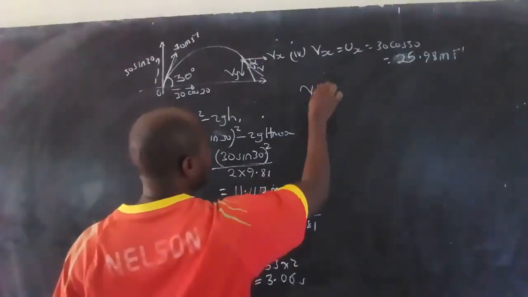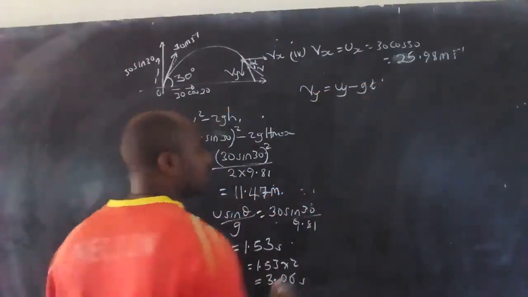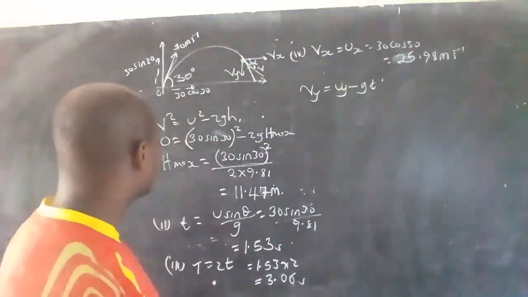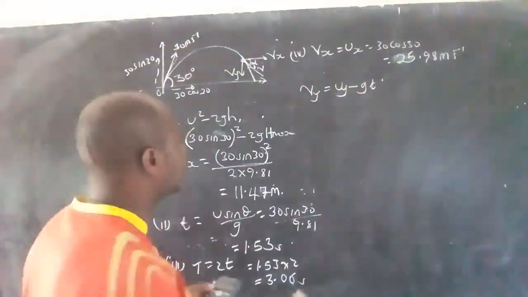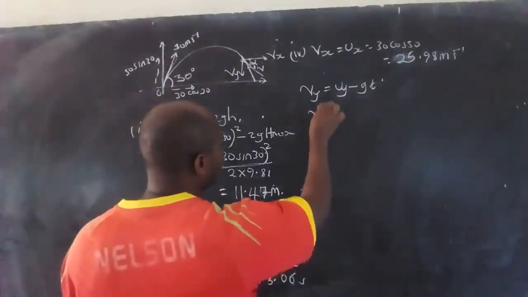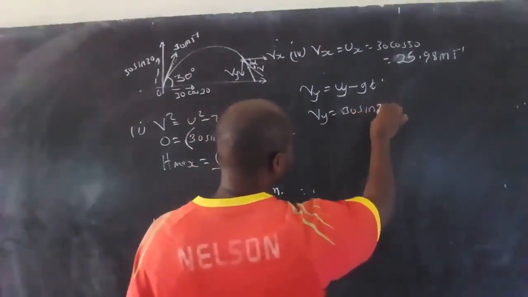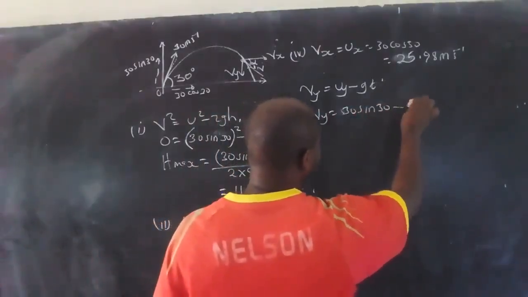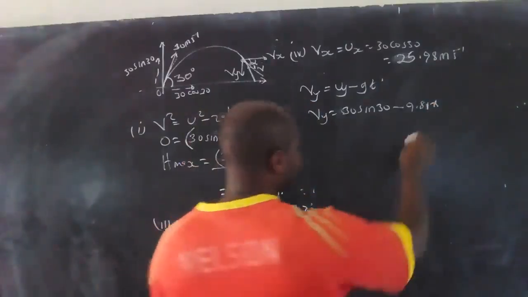Then Vy is equal to Uy minus Gt. This is the time to reach the maximum, but we don't have that; we need the time of flight because it is at the ground. So Vy is equal to 30 sine of 30 minus 9.81 times the time of flight, that's the 3.06.